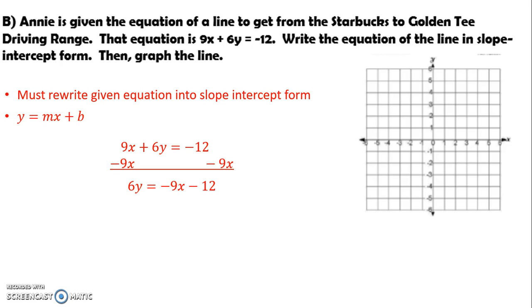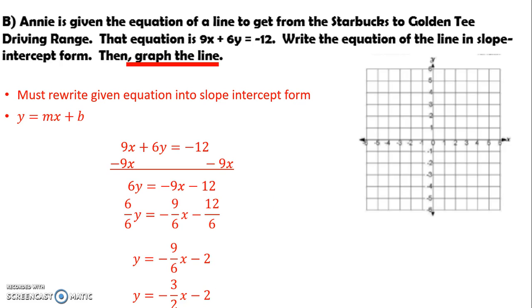Now I need to divide all 3 terms by 6 to get the y by itself. So I divide 6 by 6, the -9 by 6, and the -12 by 6. After I simplify, I wind up with y equals -9/6 x minus 2. I can reduce 9/6 by dividing both the top and the bottom by 3, and I wind up with y equals -3/2 x minus 2. That is my equation of the line in slope-intercept form.